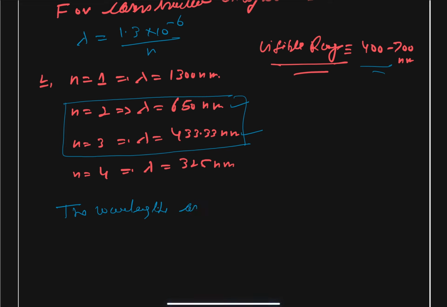So the wavelengths are 650 nanometer and 433.33 nanometer, because we have to fix it within the visible range.